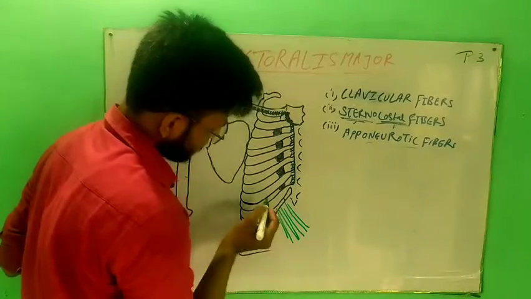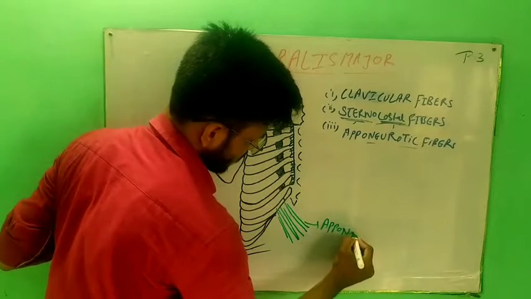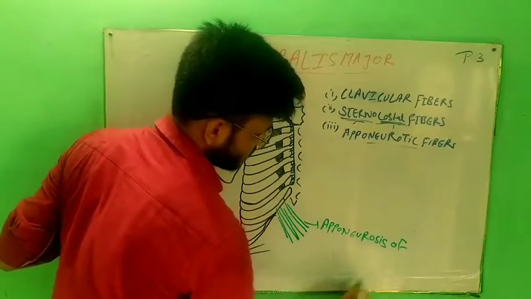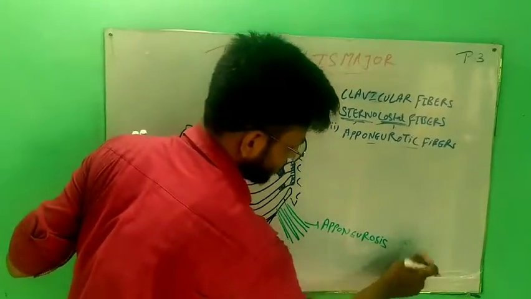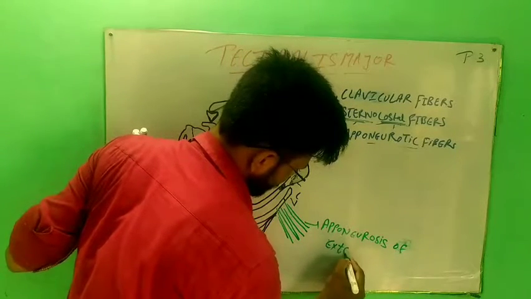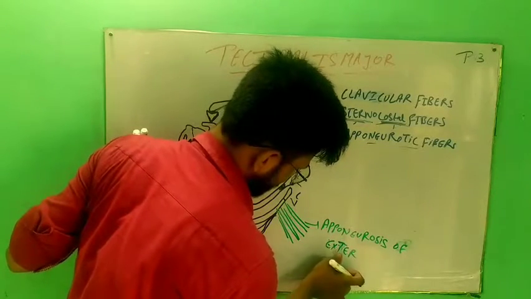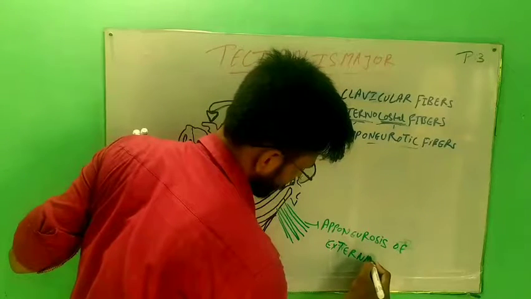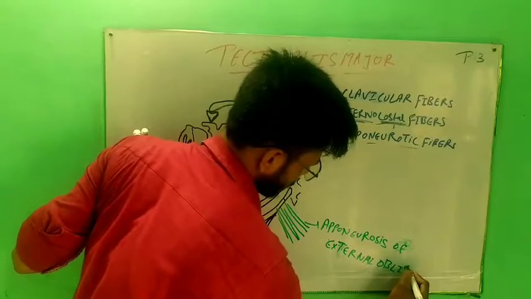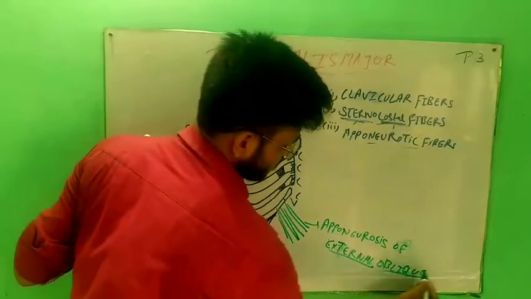These are the aponeurosis of the external oblique muscle.